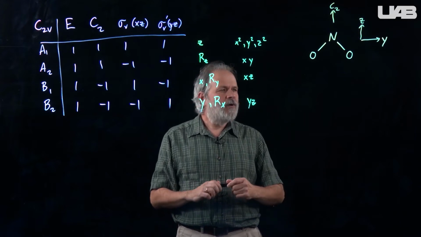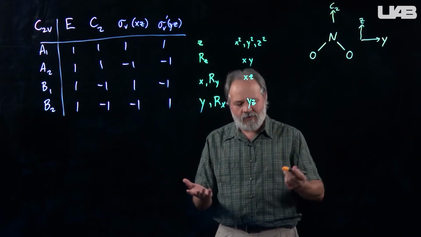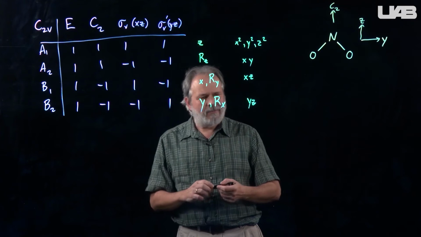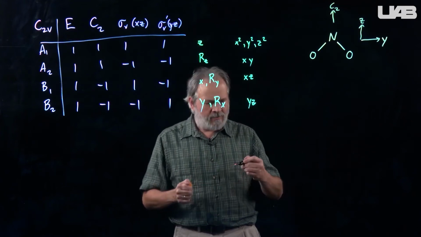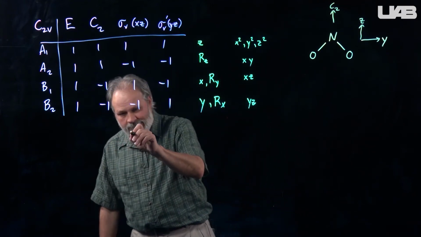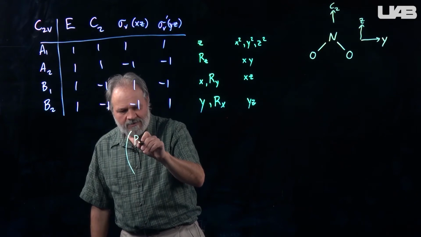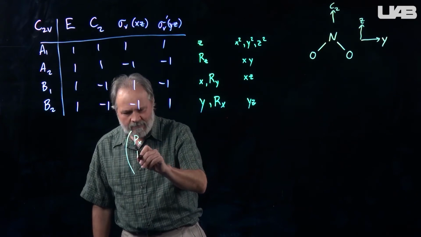All right, so what we're going to do is introduce the idea of an operation, and then represent it by a matrix. We're going to create a vector of the p orbitals on the nitrogen atom.